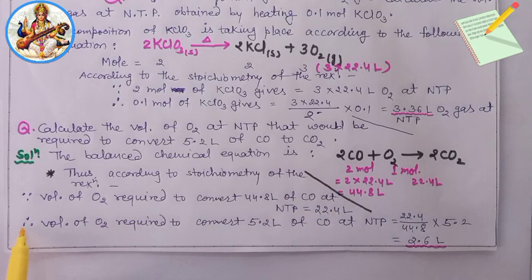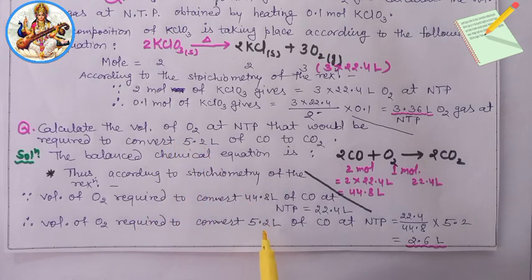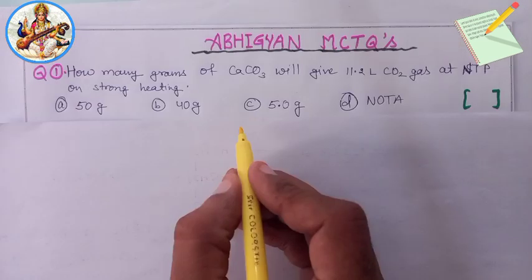Therefore, the volume of oxygen required to convert 5.2 liter of carbon monoxide, the given value in the question, at NTP is equal to 22.4 divided by 44.8 into 5.2. The resultant value is 2.6 liter.